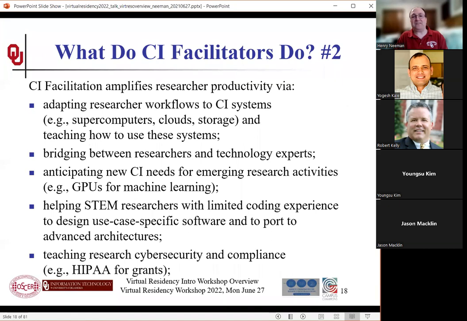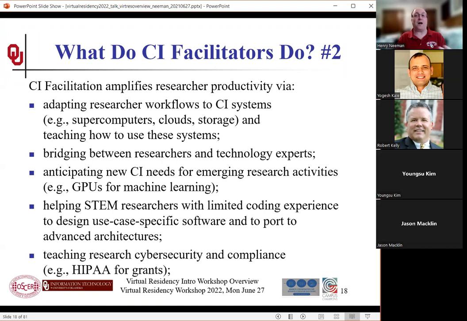So how is that done? Adapting research workflows to CI systems, right? So helping someone run their research on a supercomputer or a cloud or a particular storage system, teaching how to use these systems, serving as the bridge between systems-facing folks and users and researchers, anticipating what their new needs will be for various emerging activities.